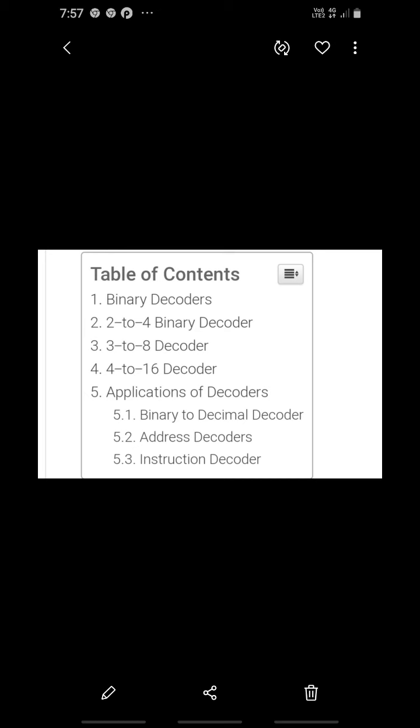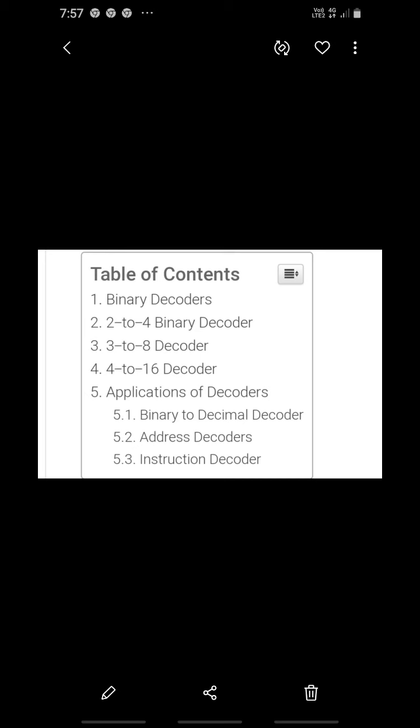So this is about the different decoders, meaning binary to 4-bit decoder, binary decoders, 3 to 8 decoders, and their operations along with their circuit symbols and truth tables. Based on the truth table, you can write the different outputs depending on the size of the decoders.